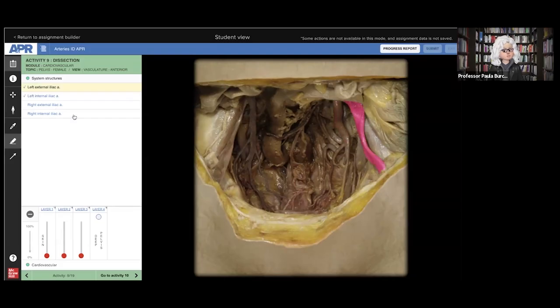So this is on your left, and you're going to have an internal on the right with the external, which has been cut. It would be coming down this way. So the internal is going to go into the pelvic cavity. The external is going to continue into your thigh, and once it's in your thigh, it's going to be called something else.